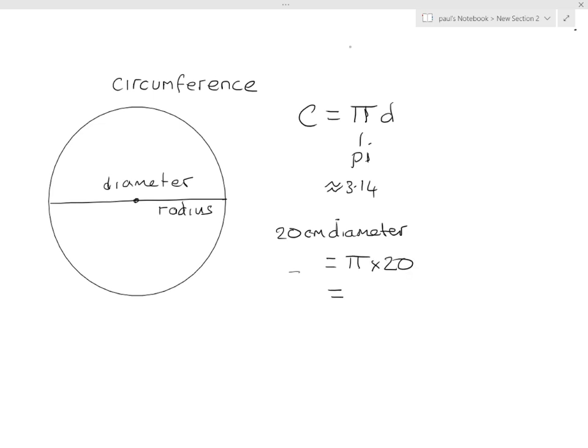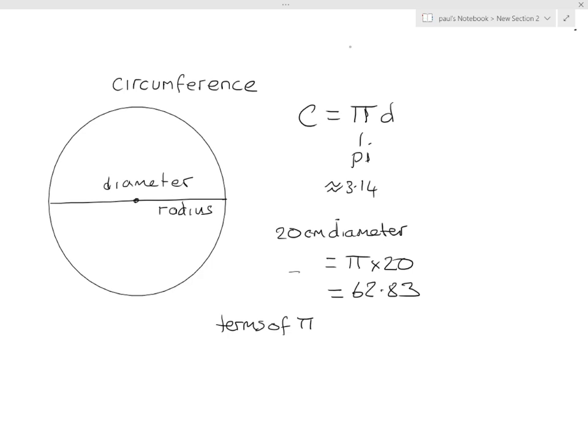I'm going to do that on my calculator right now. I'm going to go shift pi times 20 equals 62.83. Now they might want your answer in terms of pi, in which case you don't need to work out the 3.14 and so on.